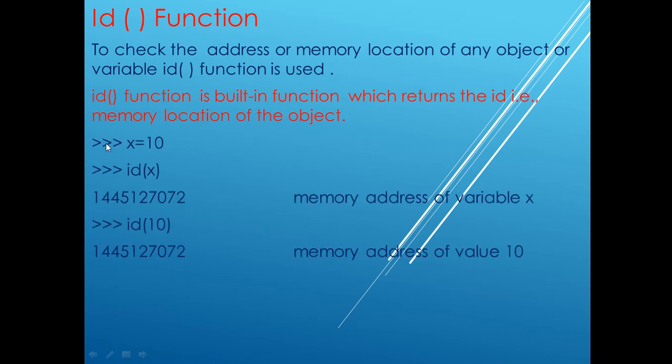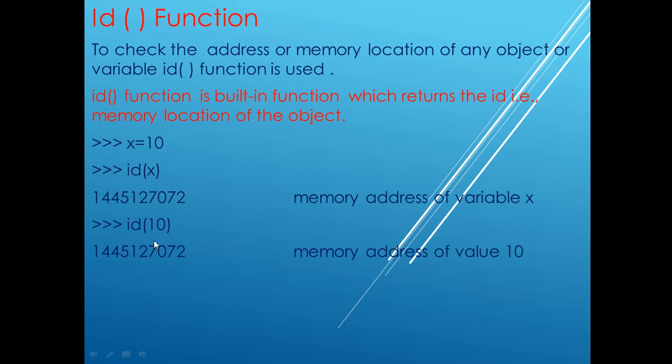For example, I have assigned the value x equal to 10. Here you can see three greater-than symbols. That means these examples I have taken with the help of interactive mode. In the last practical class I told you there are two modes: one is interactive mode, another is script mode.